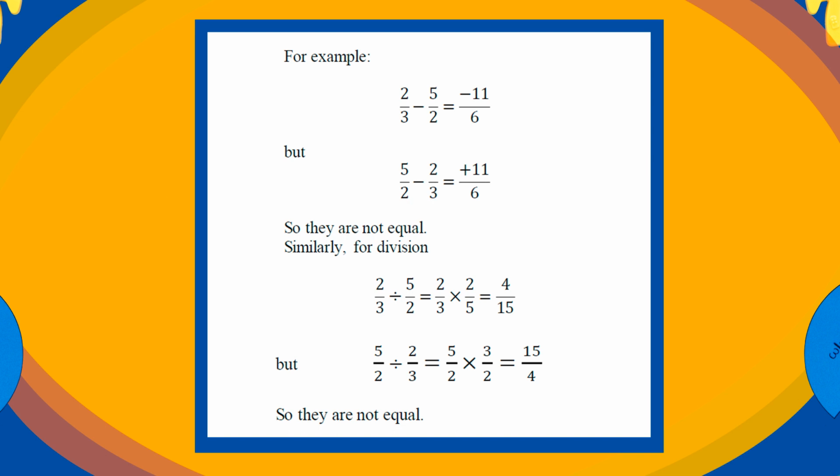Similarly, for division, 2 by 3 divided by 5 by 2 is equal to 2 by 3 into 2 by 5, that is equal to 4 by 15. But 5 by 2 divided by 2 by 3 is actually equal to 15 by 4, and so they are not equal.